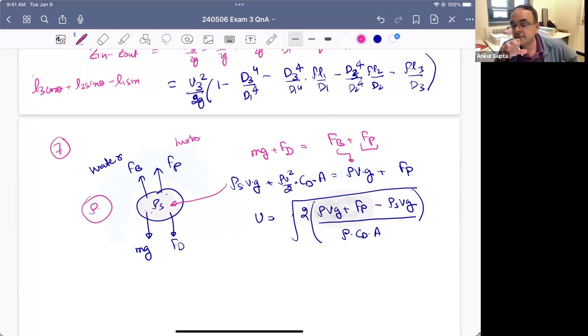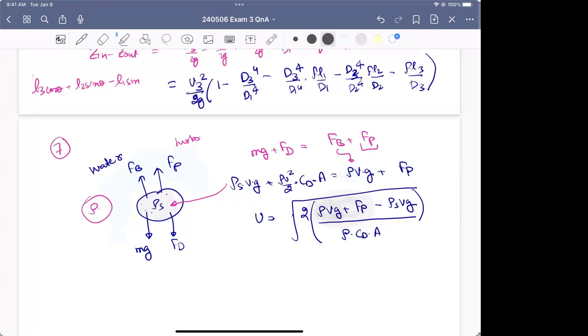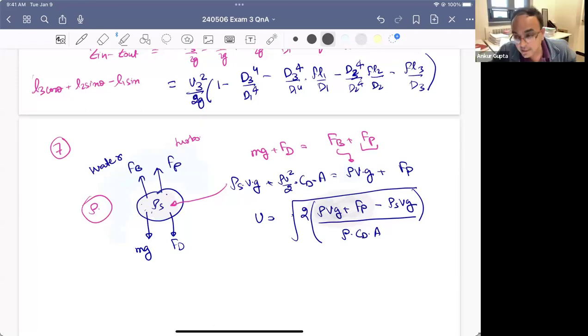So the buoyancy force is the weight of the fluid displaced. So instead of imagining that there is a solid of density rho s, imagine what would be the weight displaced by that solid. So it's whatever is the volume times rho times g. So it's like a set equation, basically.